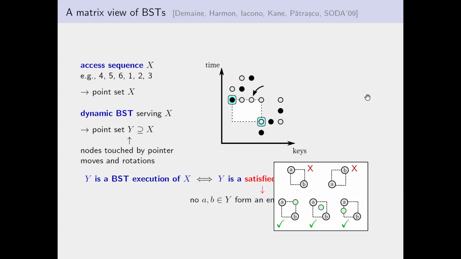For example, you see these 2 points form a rectangle, but there are also other points in that rectangle. It's maybe intuitive that if you touch something in a binary search tree at a certain time, then you cannot just jump at a later time to another node miraculously. You have to touch some node in between, maybe their common ancestor, that's the intuition. But this is an exact characterization of which matrices correspond to a valid sequence of operations in a binary search tree.